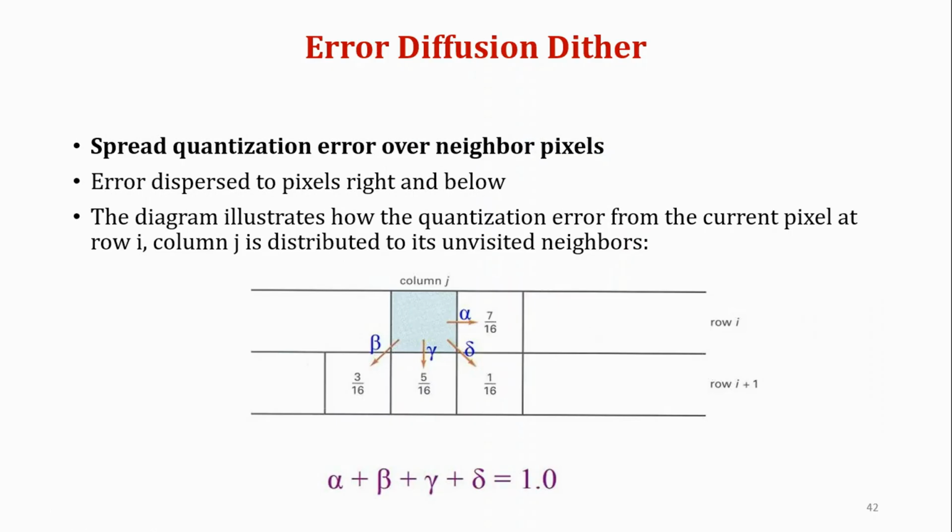So here in dithering, error diffusion is actually applied. Error diffusion distributes the quantization error of the current pixel to the nearby pixels. Alpha, beta, gamma are the different errors distributed to the next pixels.